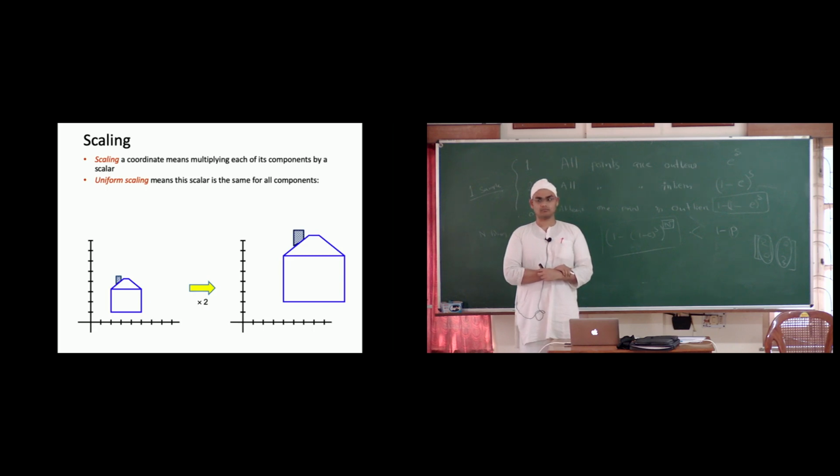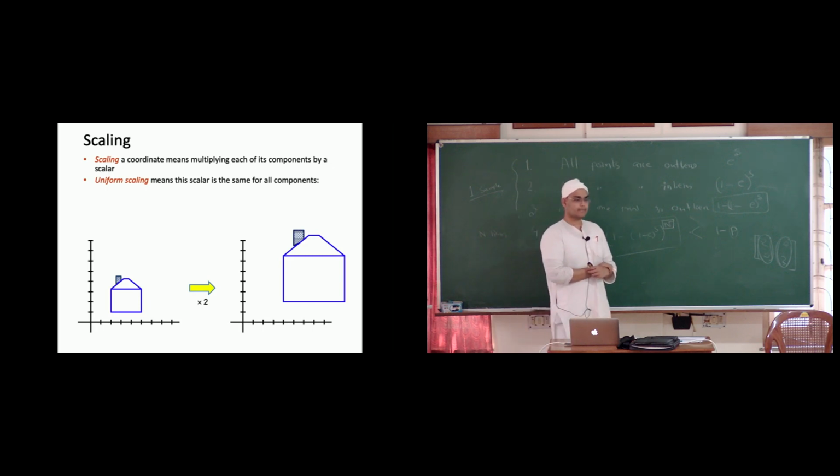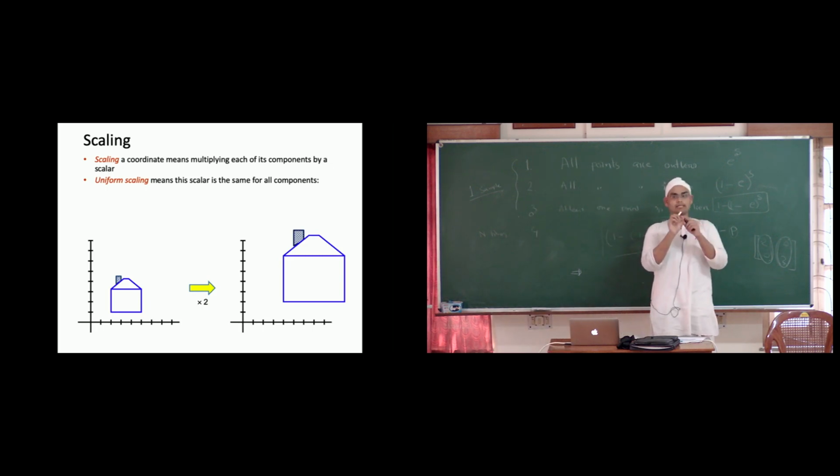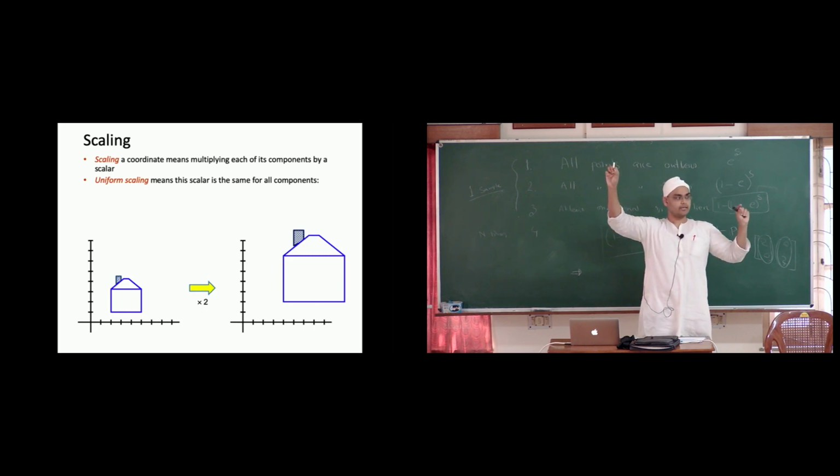Clear? No? No, why? Whenever I am going to fit some points, in RANSAC what do you do? You just take one point, and this point and this point. How do you transform? You found out 4 points, and you want to find their transformation matrix.